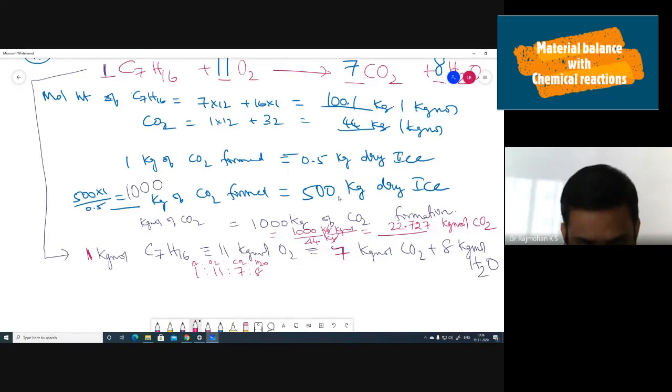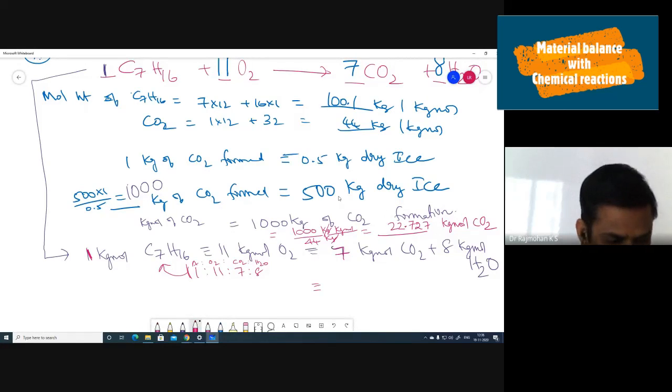We can proceed like this also, but to understand things clearly, we should write in detail, because somebody looking at this should know what it is. So 1 kg mole of heptane, 11 kg mole of oxygen, and 7 kg mole of CO2 is the ratio in which they react or are formed. We want to form 22.727.